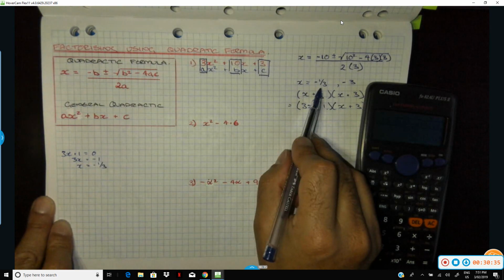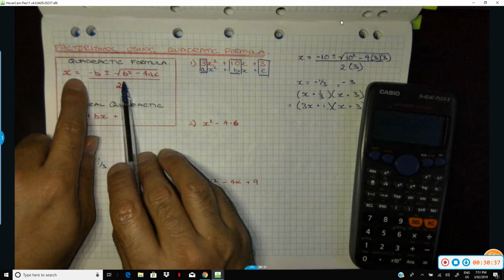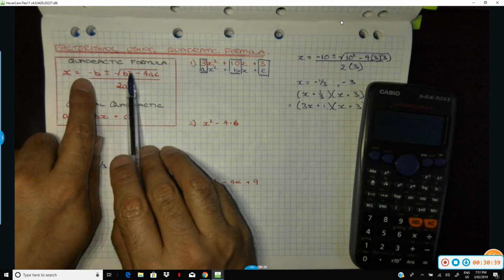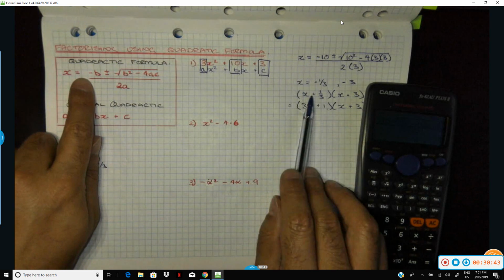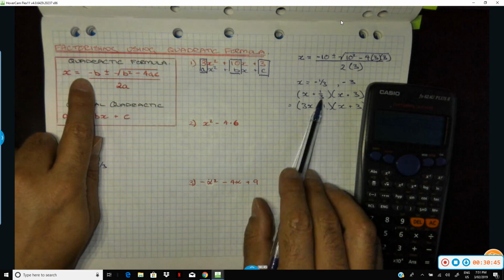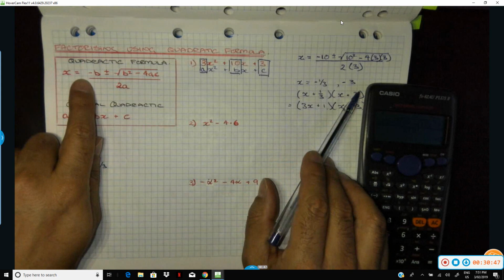And that's where you're getting that from. So the quadratic formula finds the values for x. Yeah, so in order to put it into your factorized form, you have to change the signs.